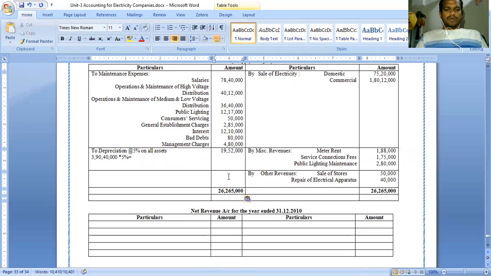So the balance figure is 54 lakh 99,000, our net revenue balancing figure. So 54 lakh 99,000.